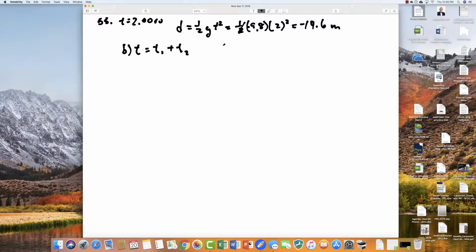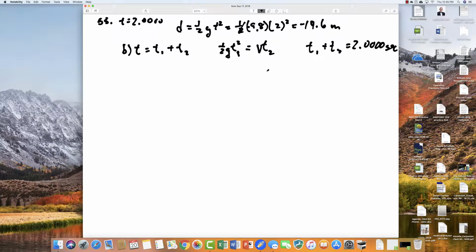And T1, 1/2 gt squared, T1 squared, is going to be this distance, 19.8, and that's going to equal the velocity of sound times T2. So that's your first equation. Your second equation is T1 plus T2 is equal to 2.000 seconds.